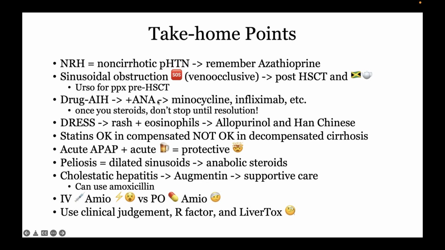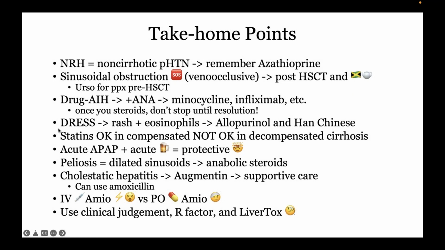Drug-induced autoimmune hepatitis can present with positive ANA, but can also be seronegative, and it may need a biopsy to prove. The culprits are usually minocycline, infliximab, nitrofurantoin, and remember that once you start steroids, don't stop until resolution. DRESS: remember the rash, the eosinophils, the fevers, and allopurinol in the Han Chinese population.